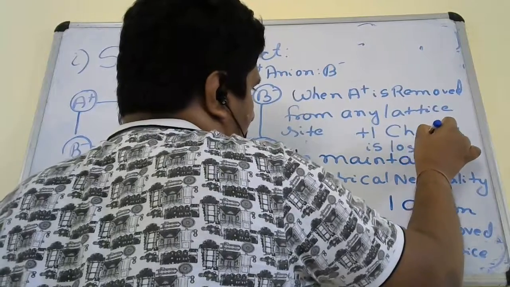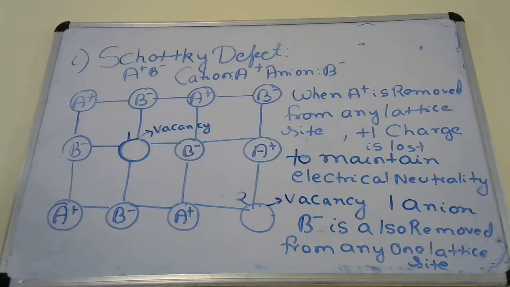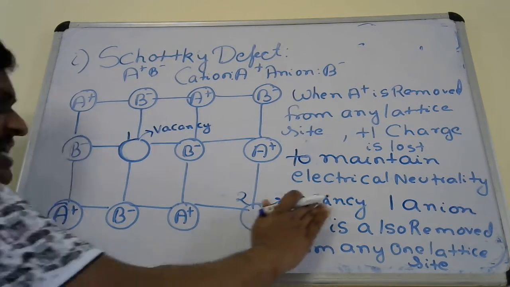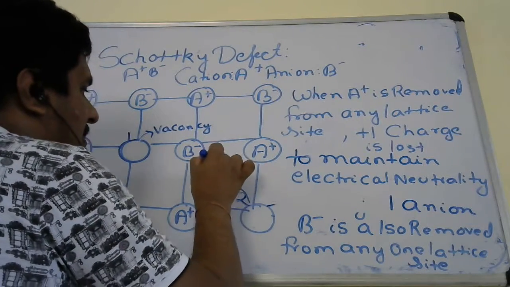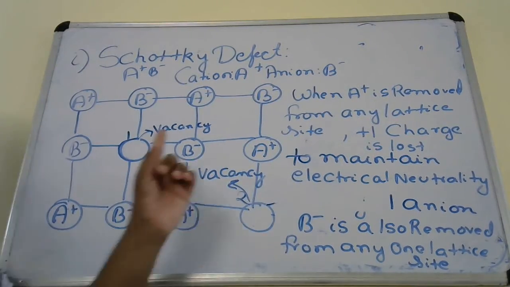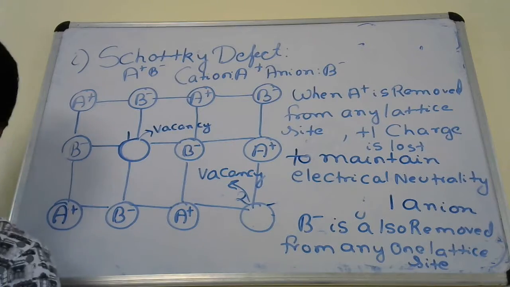To maintain electrical neutrality, one anion B minus is also removed from any one lattice site.